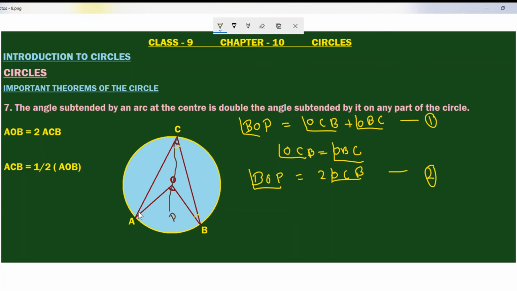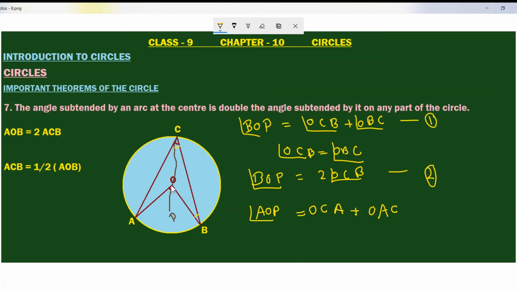Similarly, if you take in triangle ACO, the exterior angle is AOP. So angle AOP is equivalent to angle OCA plus angle OAC. Right.